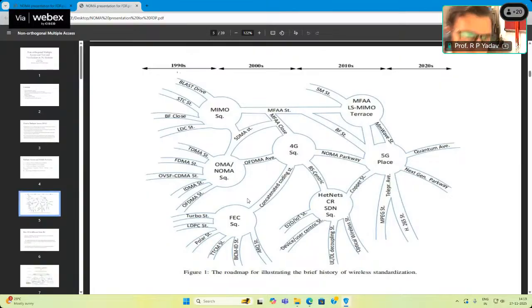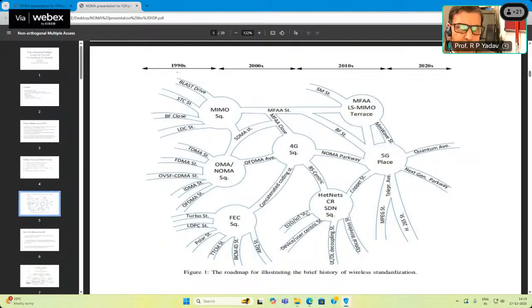In fact, OFDM is very old. It came into application around 2000 through 3G systems, but before that it was still very old, with applications only. Similarly, in the 1990s there were BLAST, STC space-time codes, many LDPC standards, and TDM and FDM standards.